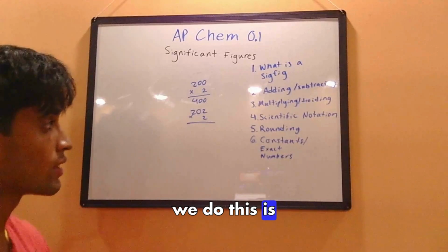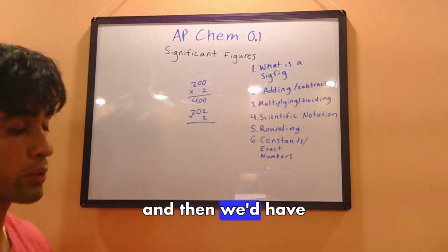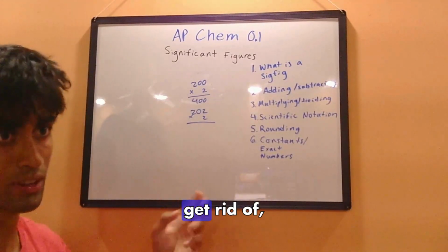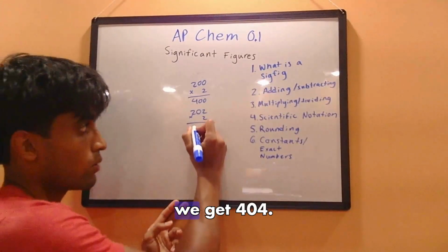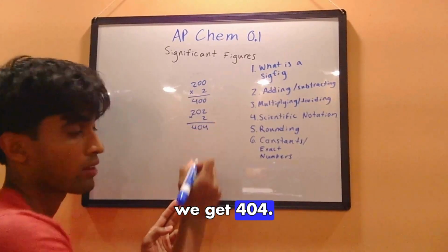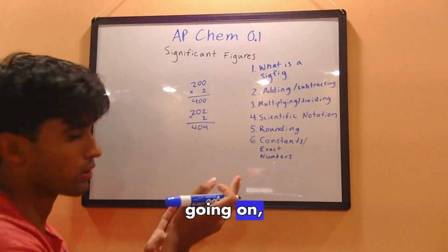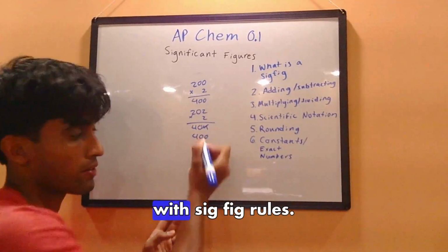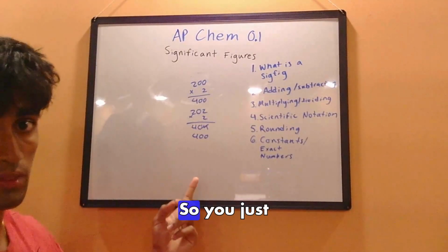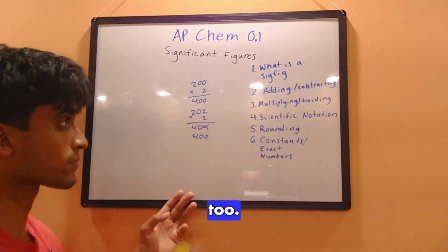How we do this is we multiply it out, and then replace the rest of the digits with 0. When we multiply it out, we get 404. However, since there's no rounding going on, we can just make both of these a 0, so it becomes 400 with sig fig rules. So you just need to know that too.